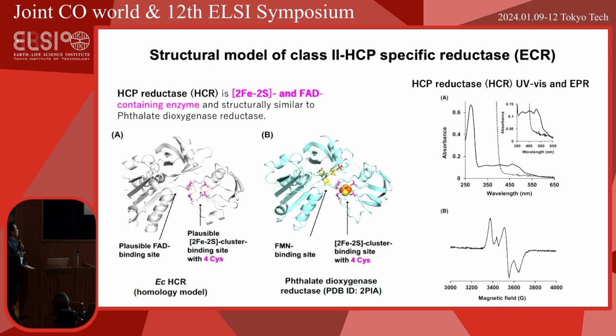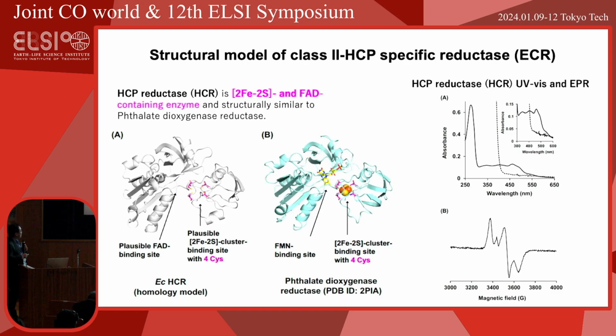The successful model of HCR is like this, and the conserved cysteine motifs are localized in one domain here, which could bind an iron-sulfur cluster, actually a 2-iron-2-sulfur cluster. In addition, the FAD or FMN binding site is located in the other domain, which could work as an electron transfer.